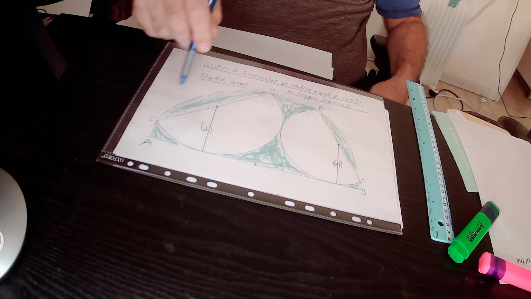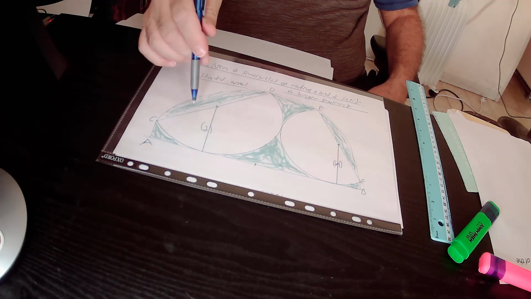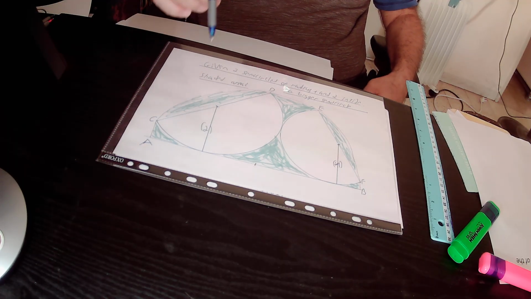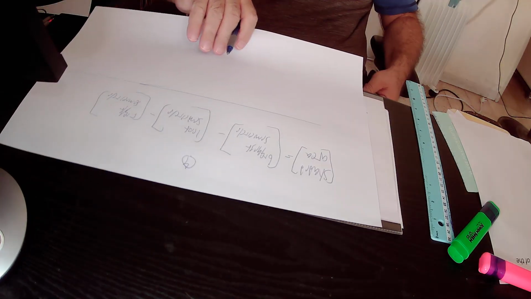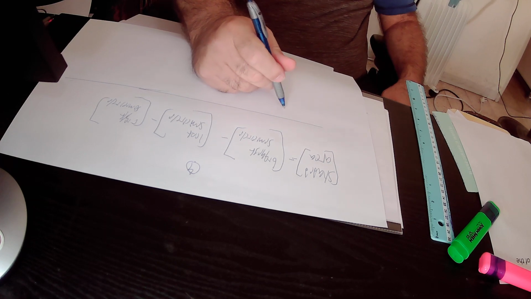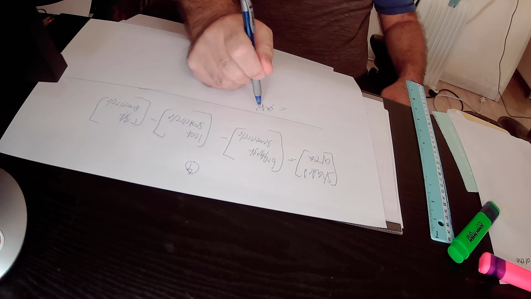What is the area of the biggest semicircle? The radius of this biggest semicircle is x, therefore the area must equal pi x squared over 2.